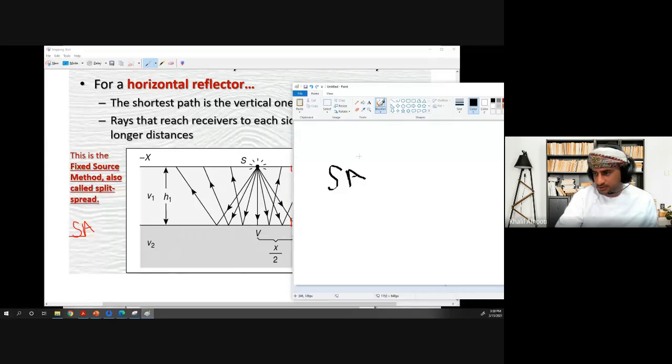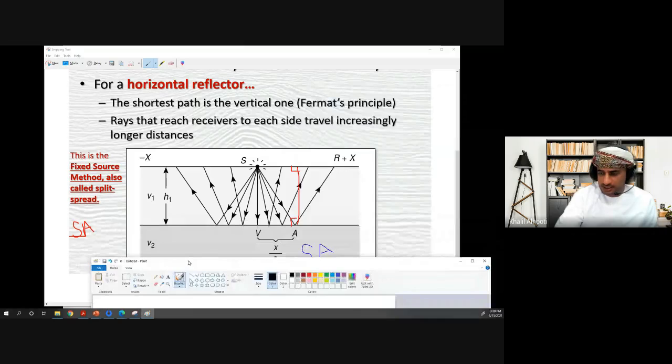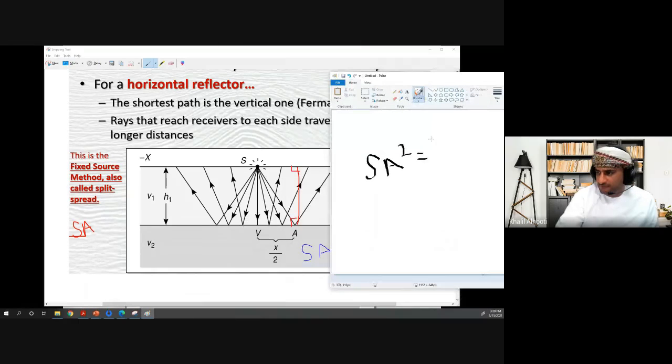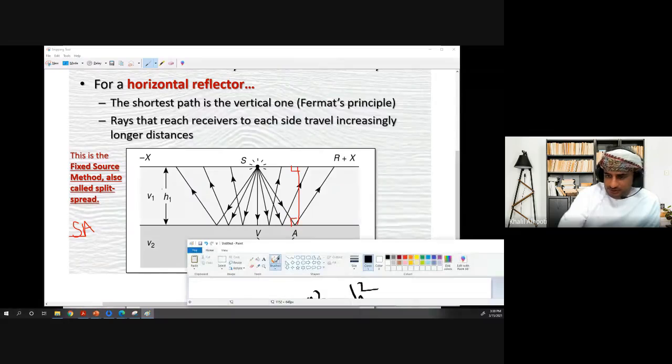SA squared equals VA squared plus H squared. Am I right? What is H? H is the thickness of the layer.